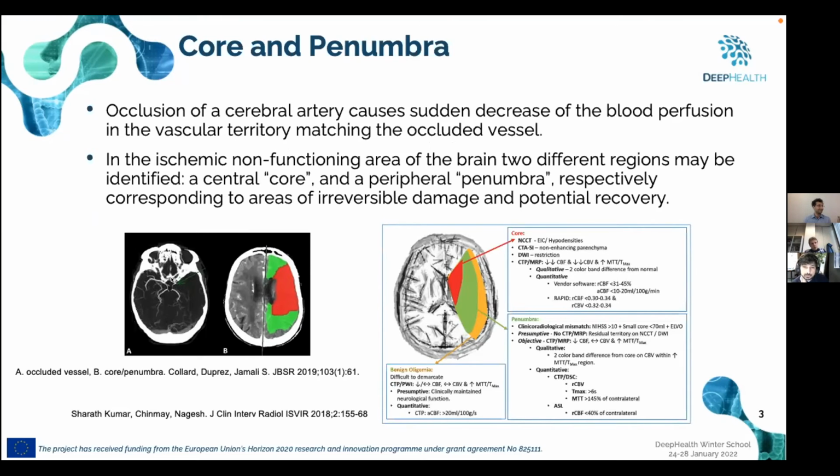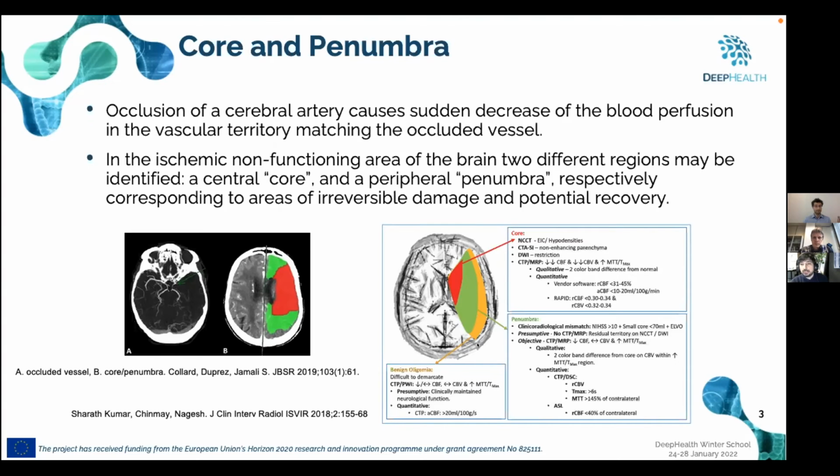You can see that there is no signal in the cerebral artery, and corresponding to this situation that you can appreciate on the standard CT, you can see other correlates in many different clinical examinations. On the right picture, you can see all the different correlates. Basically, this can be obtained with MRI or with CT, but we focus on CT.